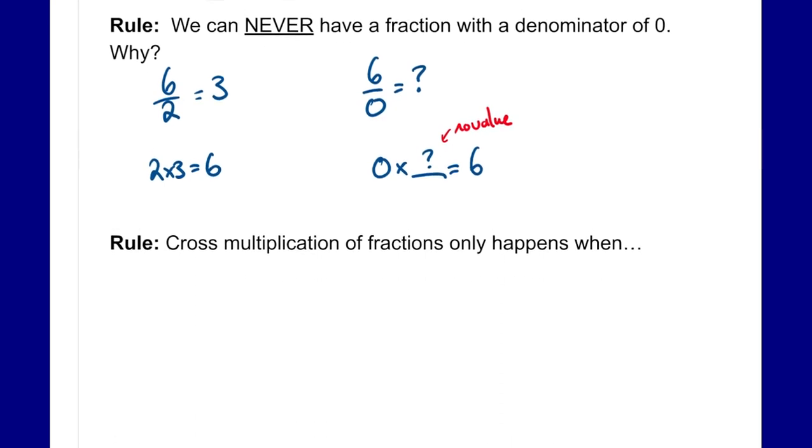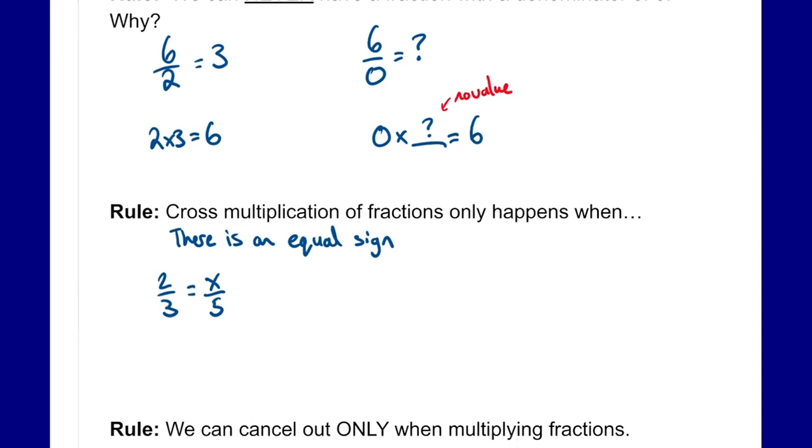Another rule is cross multiplication of fractions only happens when there is an equal sign. Similar to setting up proportions. So for example, if I have 2 over 3 equal to x over 5, now I can cross multiply. So 2 times 5, 3 times x.